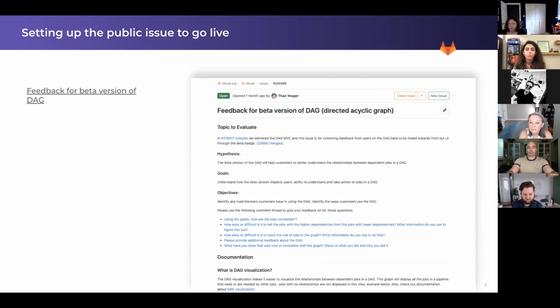So this is the issue where the users were directed to the public feedback issue. And as you can see, we tried putting in all the information about what DAG is and what we're expecting from this research and from this issue, and what the questions are that they should be answering, depending on what their experience has been with the dark beta implementation.